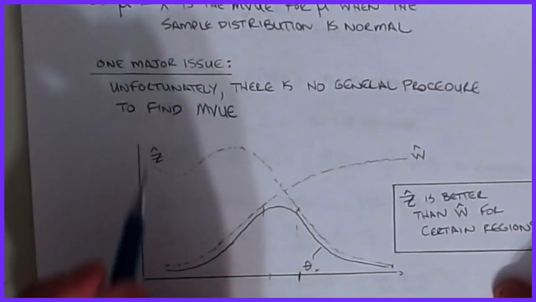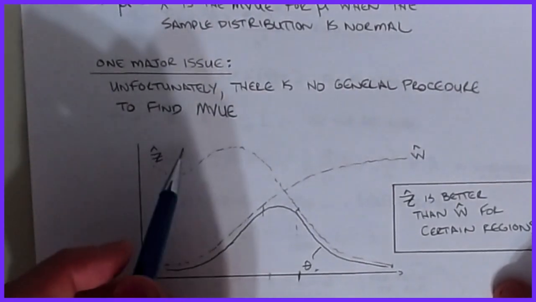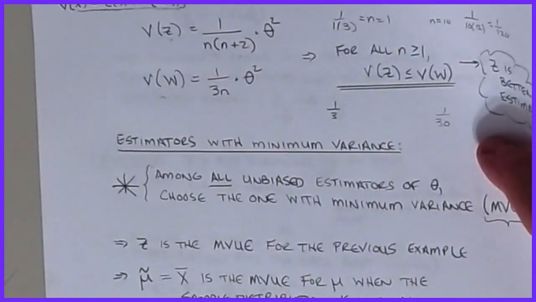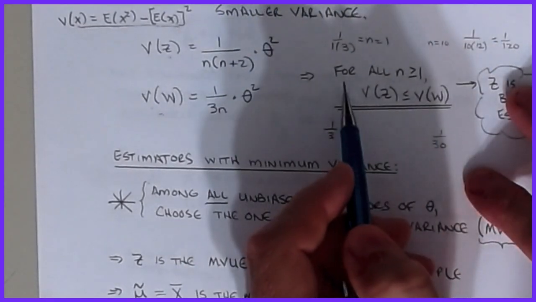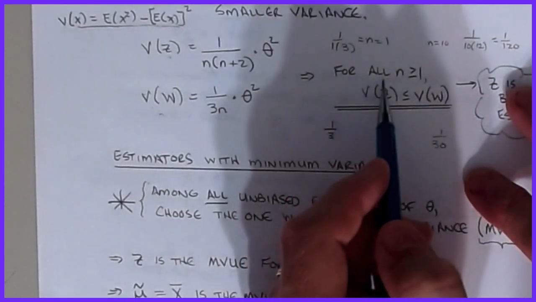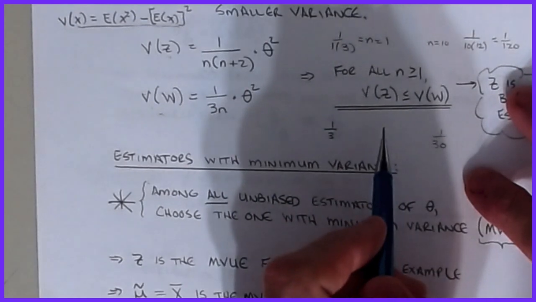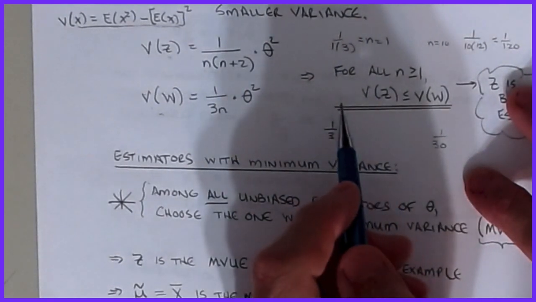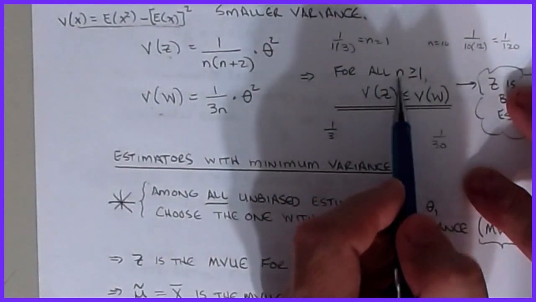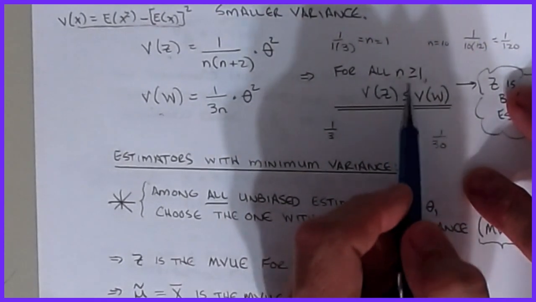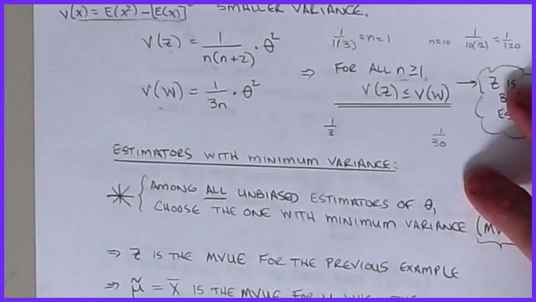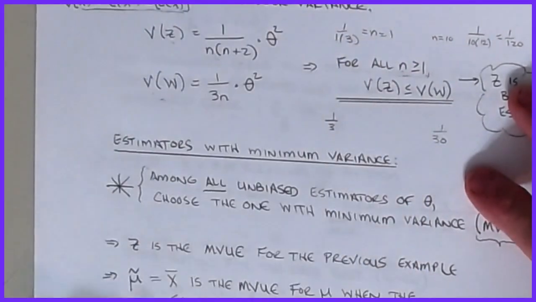So you can have estimators that you qualify, and we kind of did that back up here when I made this statement, saying that this one tracks very close when n is greater than or equal to 1. Obviously I can't have an n less than 1, but depending on the math, it's possible that the qualifying statement is that when n is greater than 1, Z is a better choice.